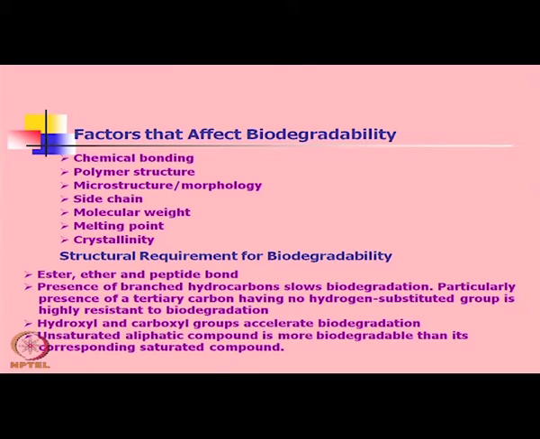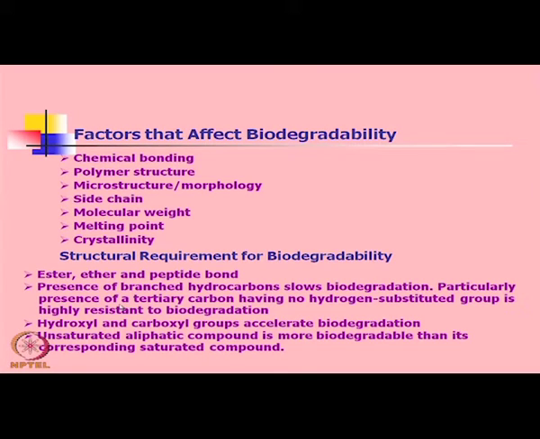And let us think of other structural requirements which I have already pointed out, say polymers containing ester groups, ether groups and peptide functional groups, they are degradable. Now, presence of branched hydrocarbons, meaning side chains, slows down the biodegradation process.